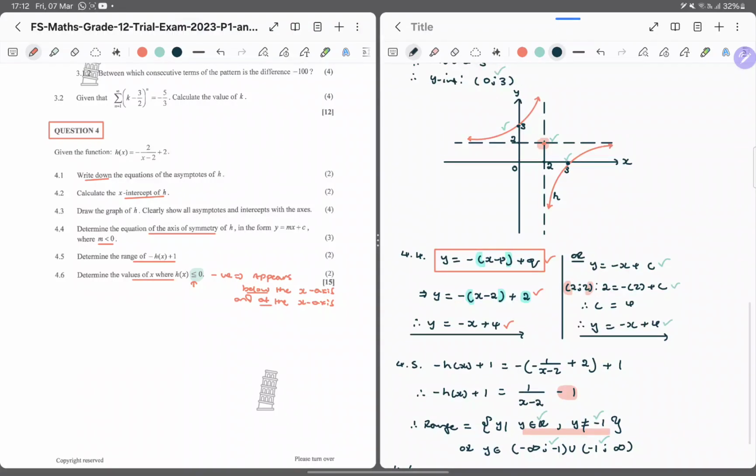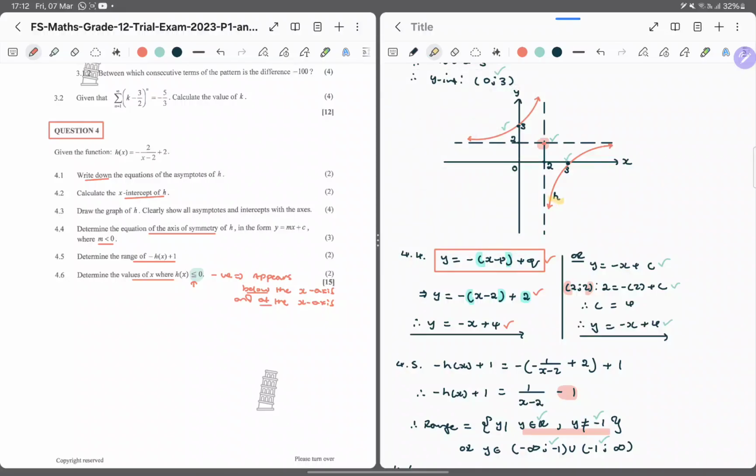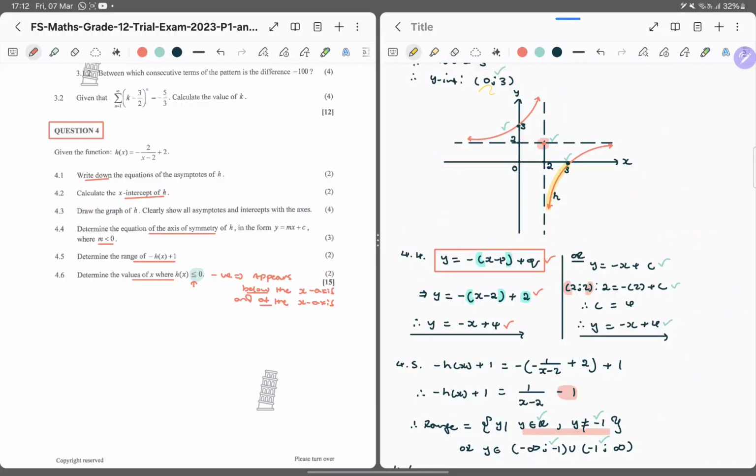So when do we see this? We will see that, well, if we just shade this, this is where the graph is at the x-axis and below the x-axis. So this is this interval right here, between 2 and 3, but 2 is an asymptote, it's not included.